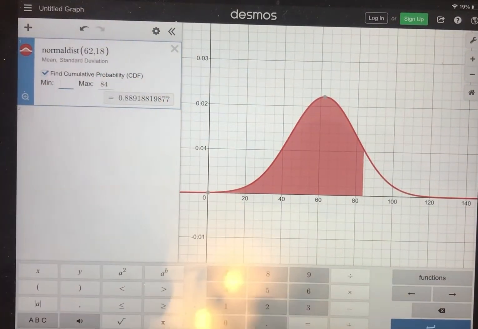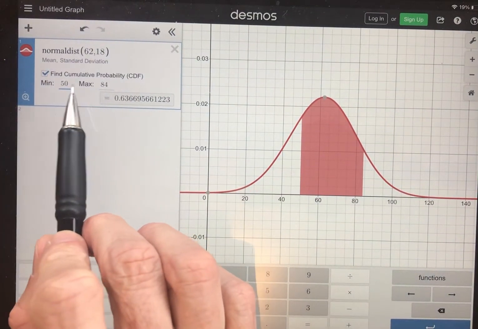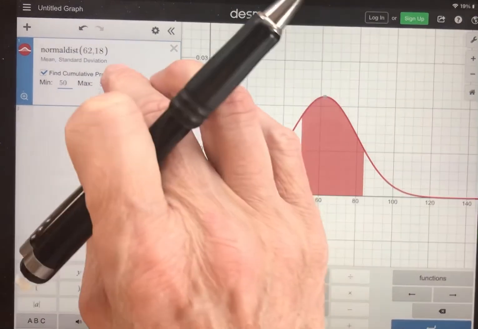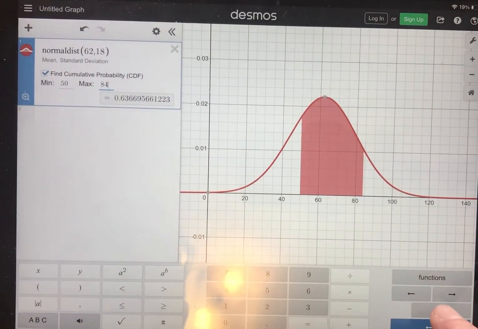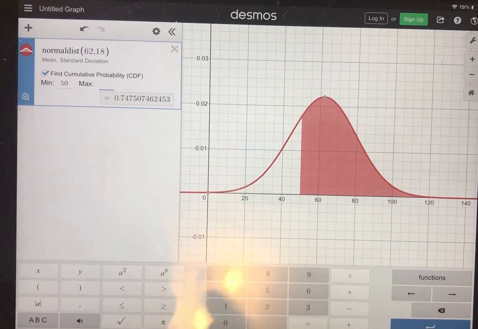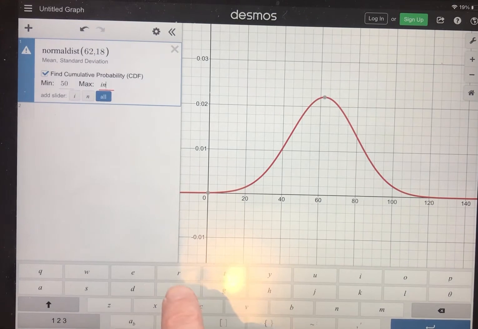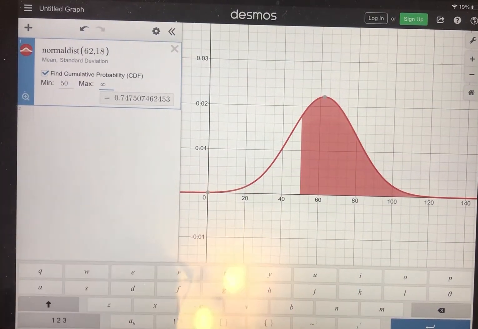So I'll go into the minimum and I'll put 50 in here. I don't want to go to 84. I want anything above 50, so I'll go into here. I can either make this empty, or I can type in the word infinity, I-N-F-I-N-I-T-Y, and it puts in the infinity symbol.